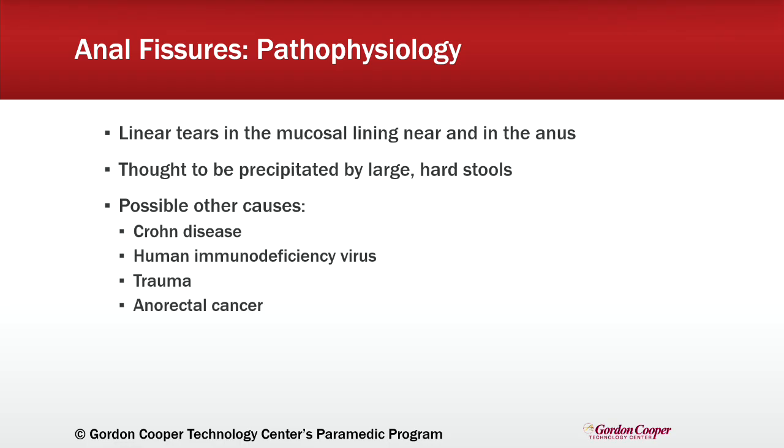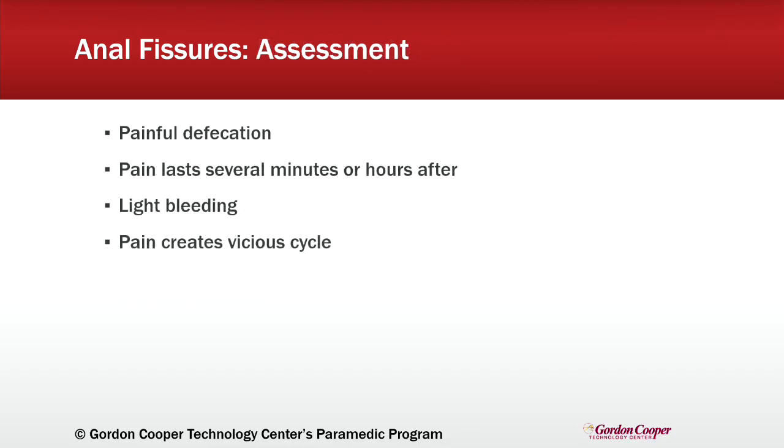Anal fissures, on the other hand, are different, and they're basically small tears in the mucosal lining of the anus, commonly caused by the passage of large, hard stools. This is actually something that is pretty common. They can also result from conditions like Crohn's disease, HIV, trauma, and anorectal cancer, anal rectal cancer, not colorectal, sorry.